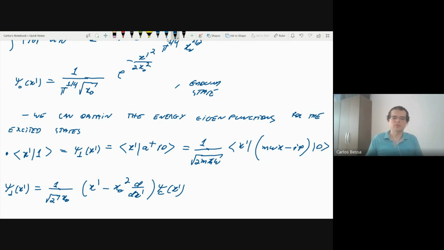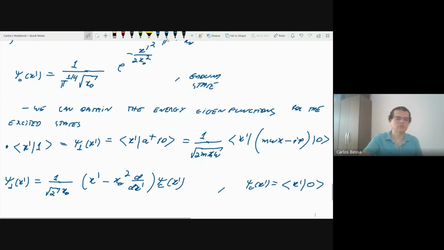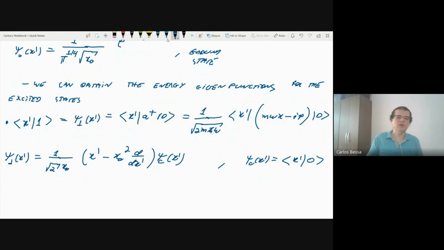Just to remember that psi 0 of x prime is this. So the psi 1 will be this expression here, x prime minus x 0 squared, the first derivative from this guy here.